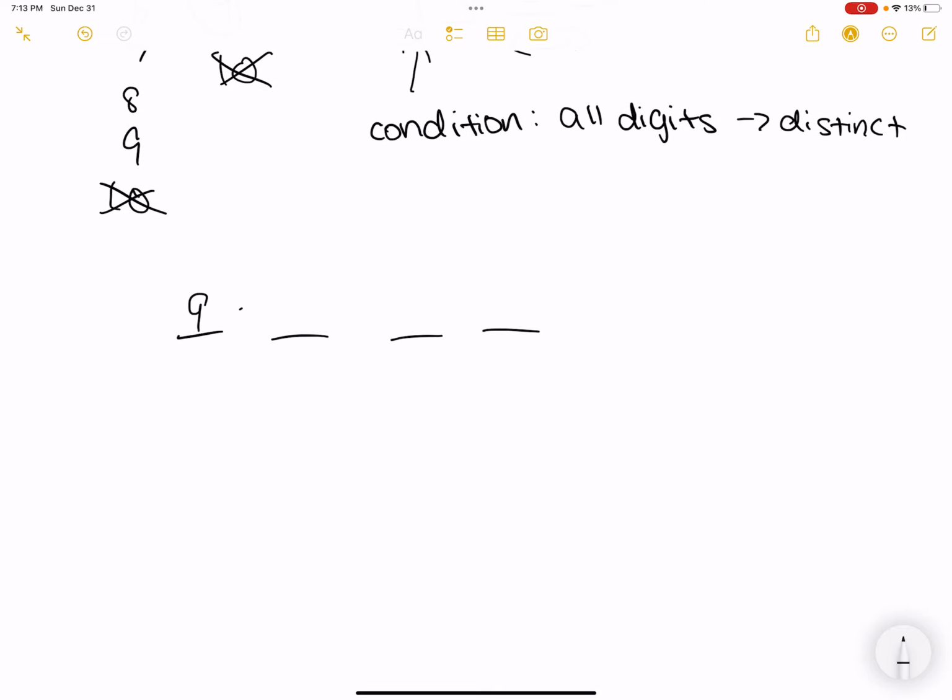But after that, 0, 1, 2, 3, all the way to 9, there's no requirement where a digit can't repeat. So that means this has 10 possible choices. And for the next one, the digit can also repeat again, and 0 is allowed. So there can be 10 possible choices for the tens digit's place.